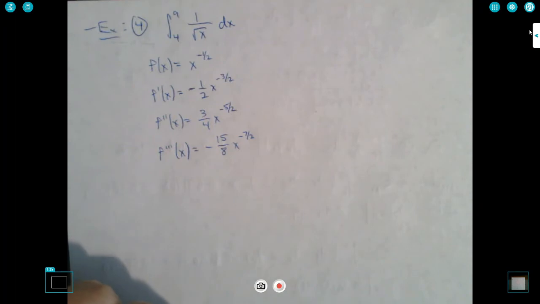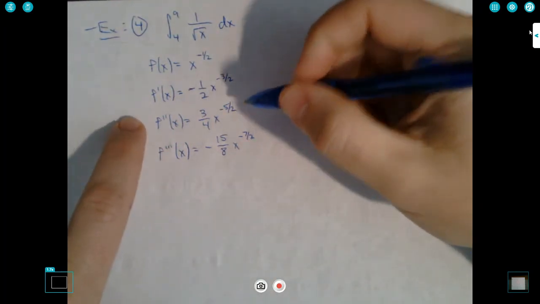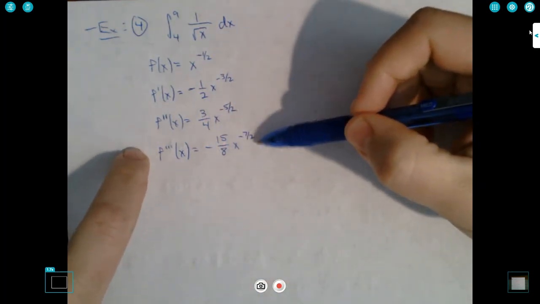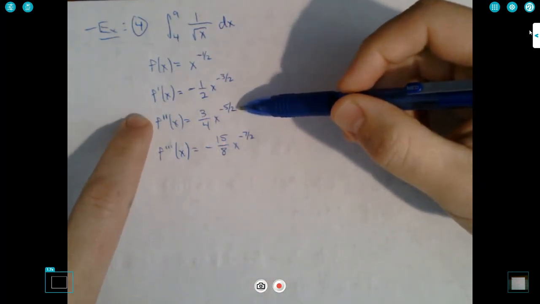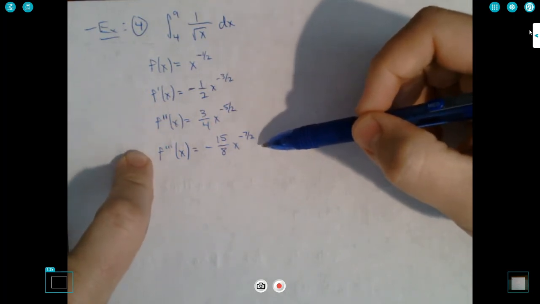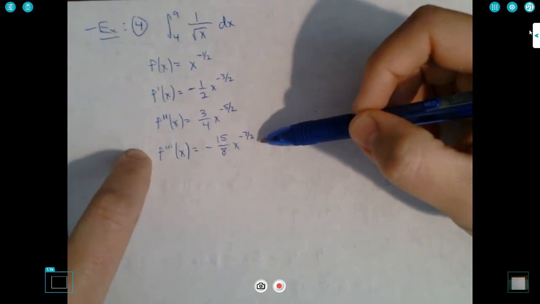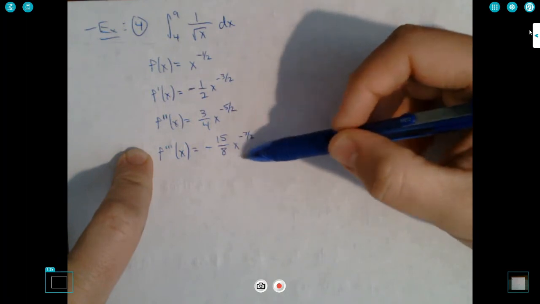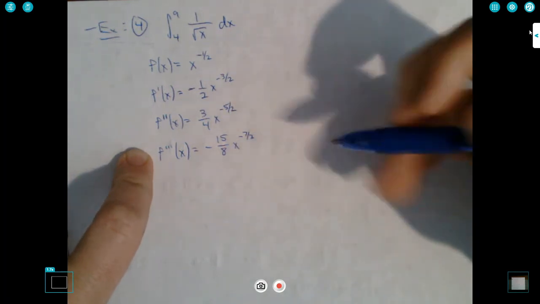Okay, so if I want to find the maximum value of f double prime of x, what I need to do is find the critical values of f double prime. The critical values are going to take place whenever f triple prime is either 0 or undefined. And f triple prime is going to be undefined whenever x is less than or equal to 0, right?